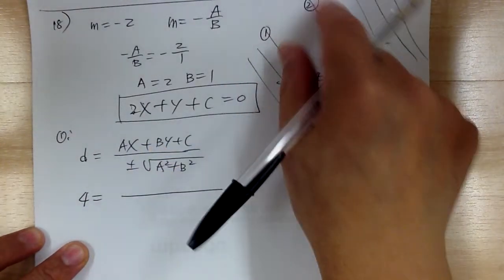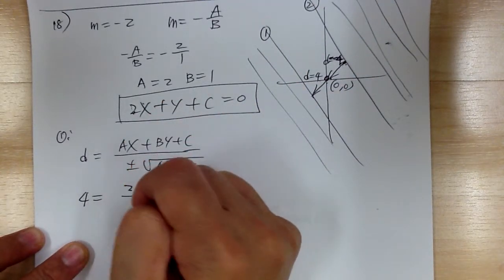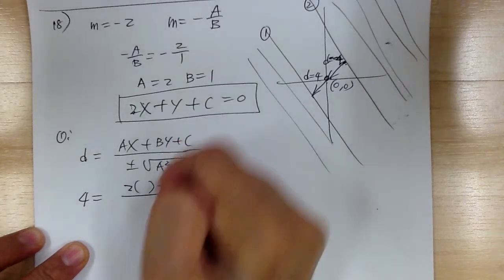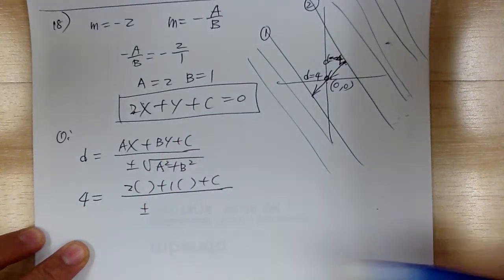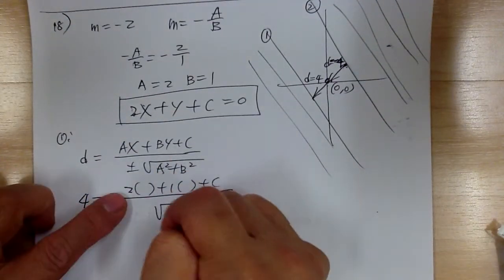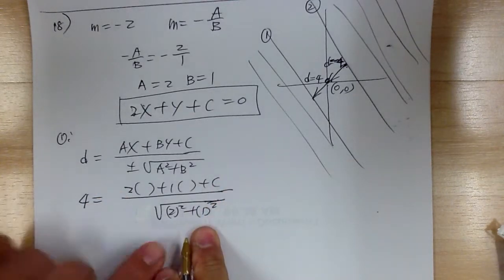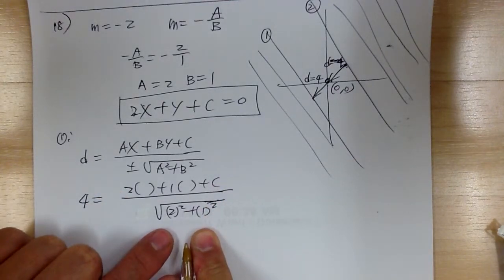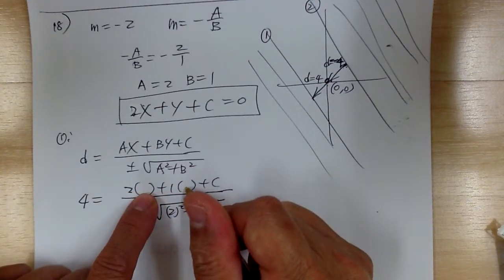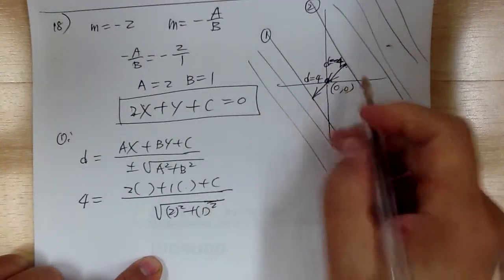All these lines have this equation, right? So it'd be 2 times blank plus 1 times blank plus c, and over here it would be plus, because of that, the square root of 2 squared plus 1 squared. So again, I get my template ready first. Then the blank is the point that you're comparing, which is the origin, so it'd be 0, 0.